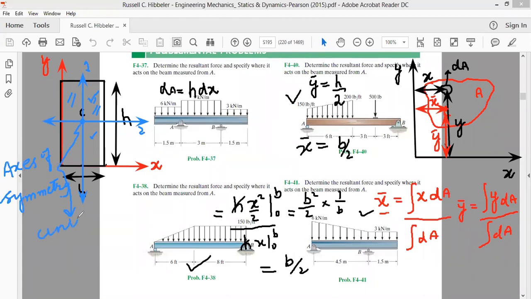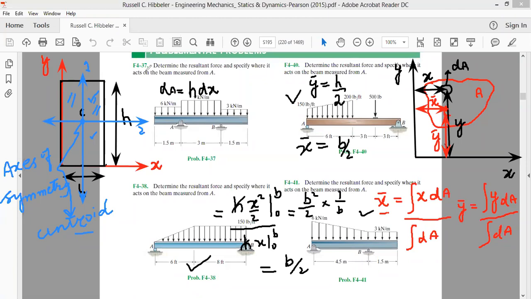So what we obtain from here is that for a given plane area, the centroid lies at the point of intersection of the axes of symmetry. This point should be noted.